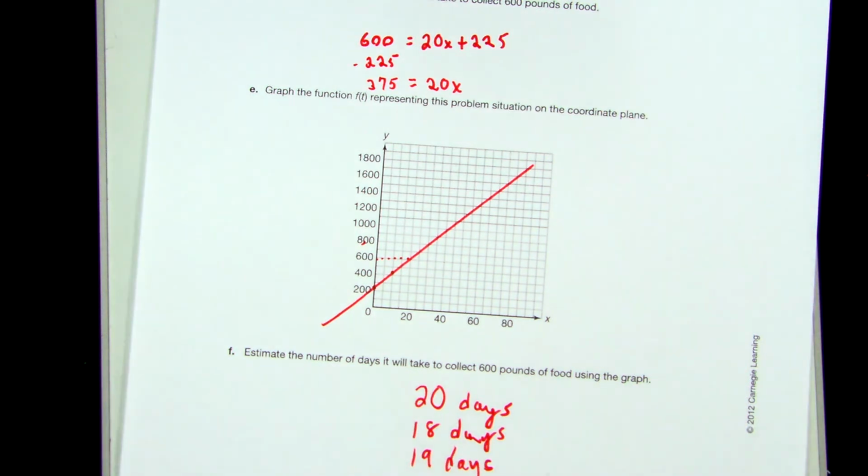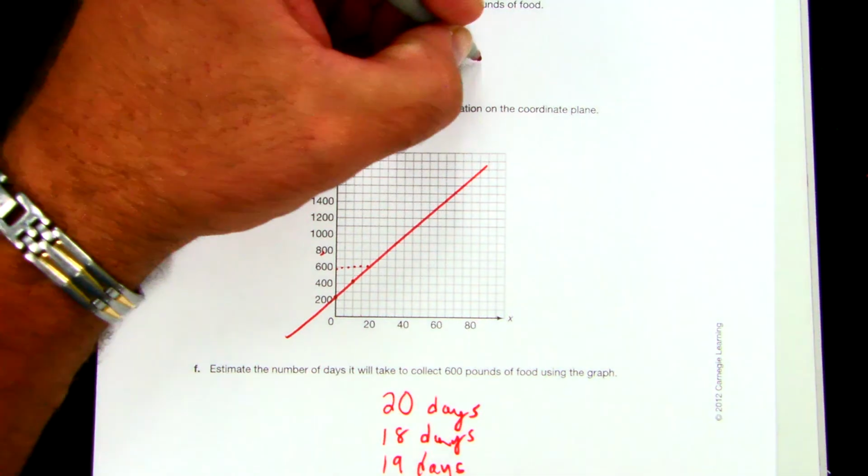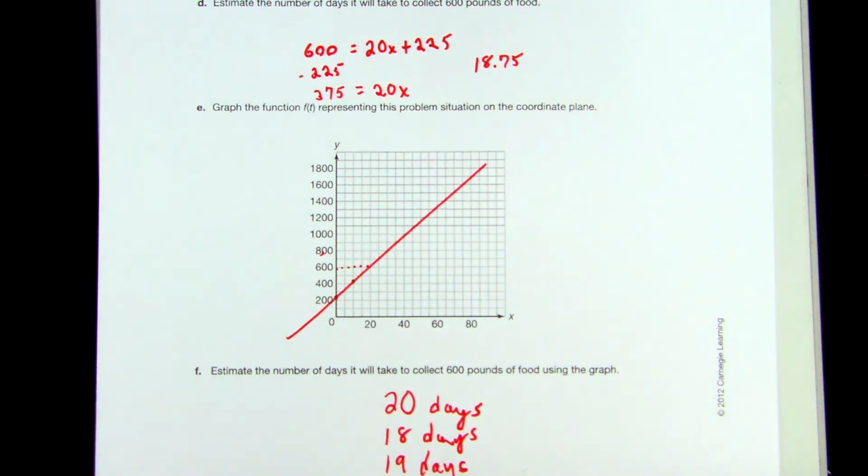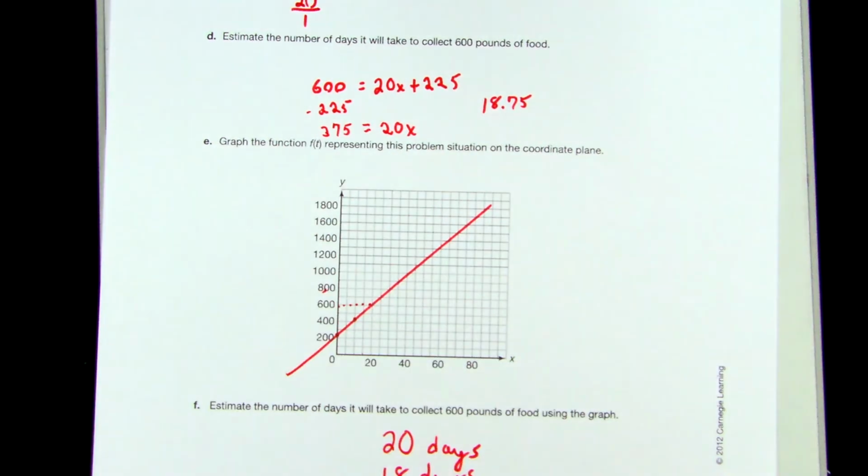What do I do next? Hopefully you said divide by 20. Correct. And you should get 18.75. So, how many days will it take for them to collect 600 pounds of food?